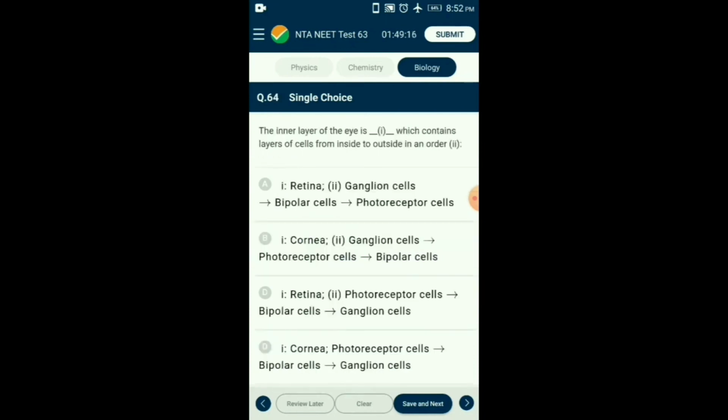Question number 64. The inner layer of the eye is dash, which contains layer of cells from inside to outside in an order. Being part of the retina, bipolar cells exist between photoreceptors and ganglion cells.